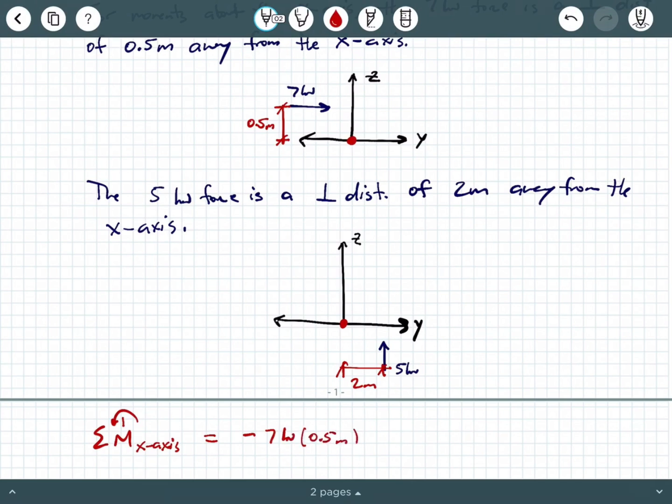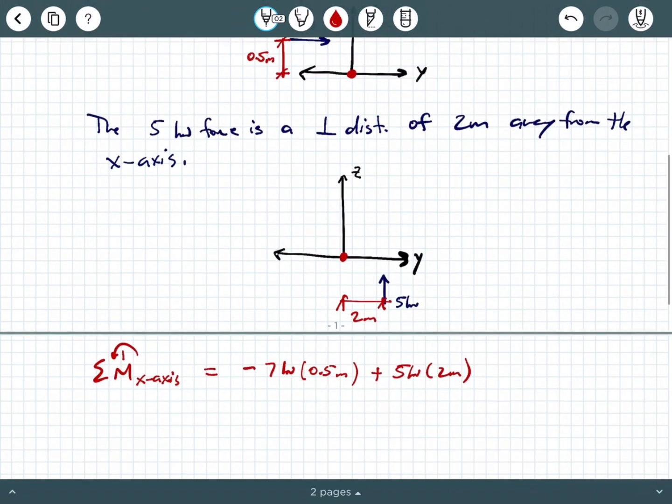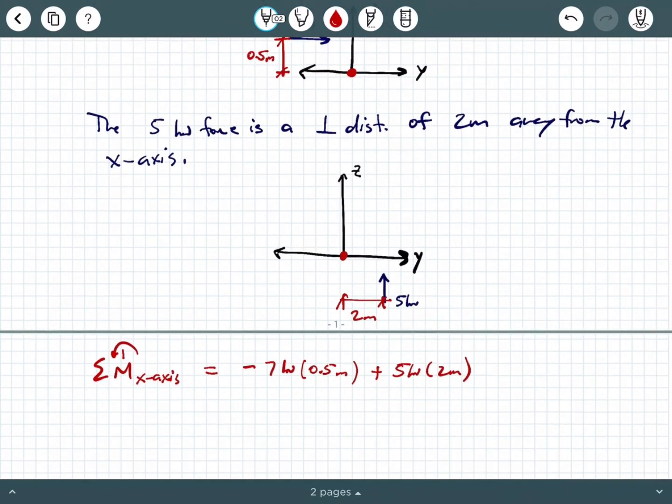So we would say negative 7 kilonewtons times 0.5 meters. And then I'm going to have the 5 kilonewtons causing a counterclockwise tendency of rotation. And again, my red dot right here is like the x-axis coming out at us. So that would be plus 5 kilonewtons times 2 meters. So can we punch this through pretty easily? Yeah, we should hopefully be able to do this in our head.